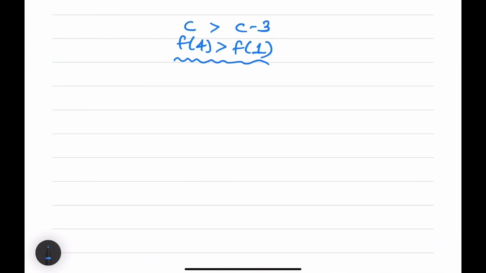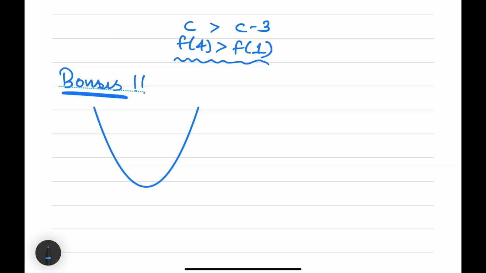Okay, let's look at a bonus concept for this problem. We can also compare f of 4 and f of 1 graphically by using the graph. We may not even need the algebraic approach. So let's begin. f of 2 will be here, 2 will be the vertex of this problem. To go to f of 4, I need to climb 2 steps to the right.